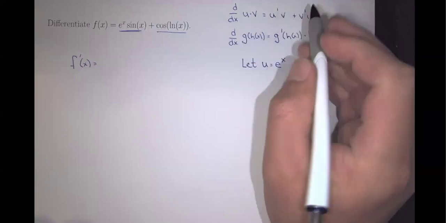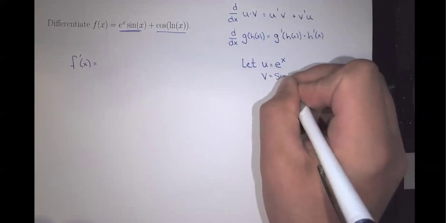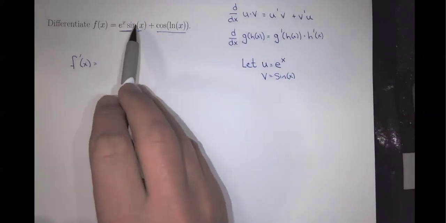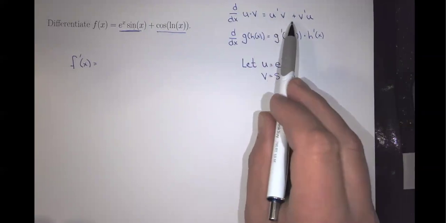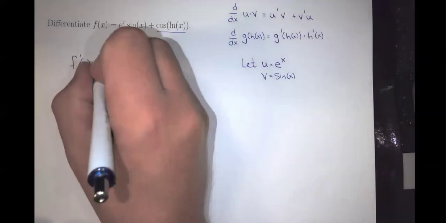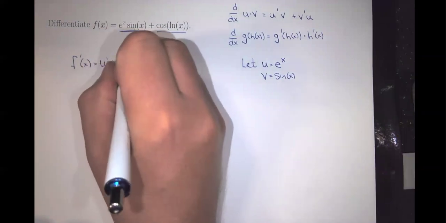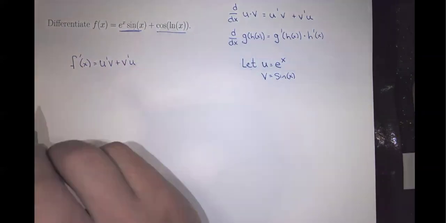We're going to use this product rule formula. And v is going to be sine of x. So here we've got u times v, and so the derivative of u times v is u prime v plus v prime u. So we're going to have u prime v plus v prime u, plus the second derivative.